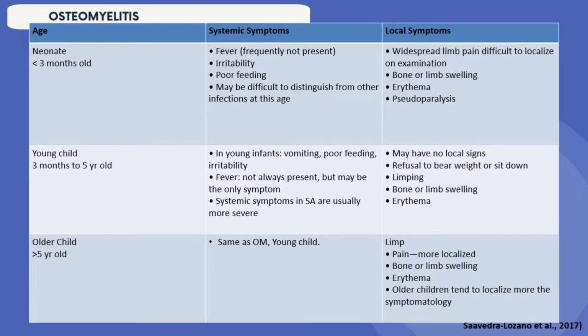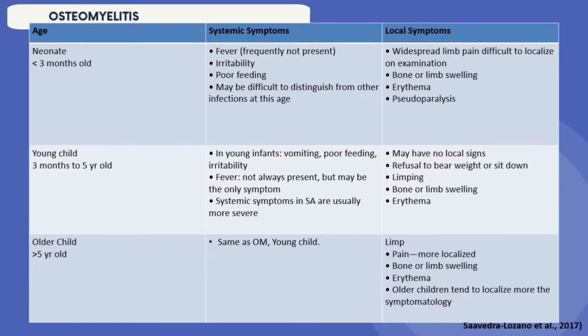In the young child age group, systemic symptoms are vomiting, poor feeding, and irritability in young infants with fever, but fever is not necessarily always present in most cases, though it may be the only symptom. Systemic symptoms in septic arthritis are usually more severe.